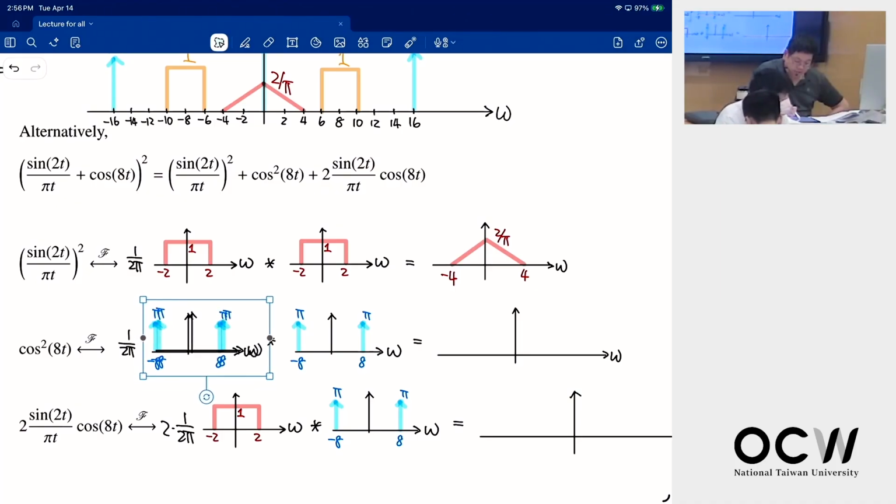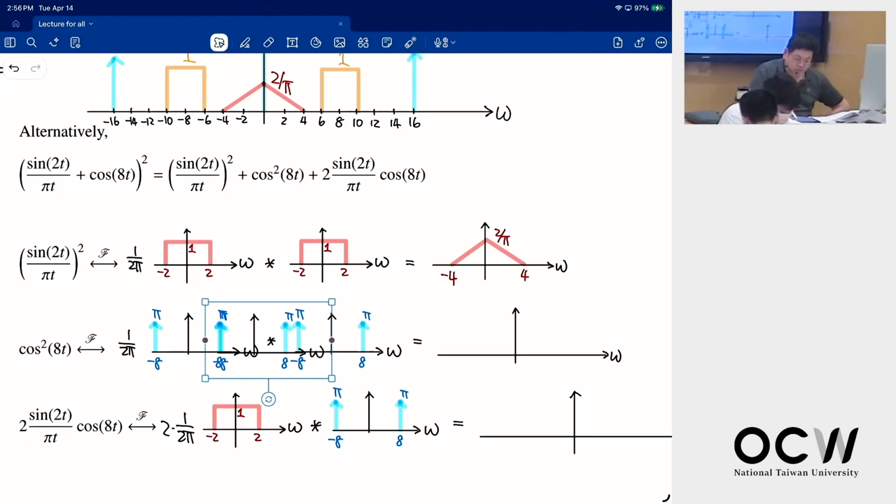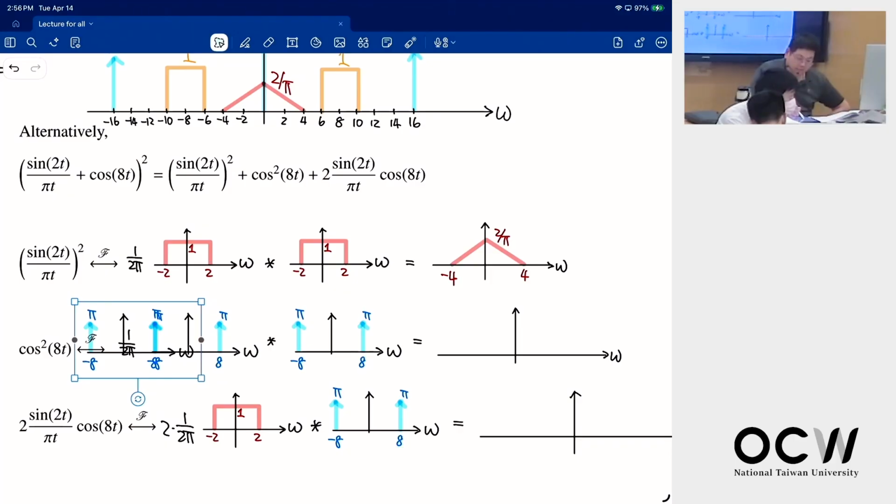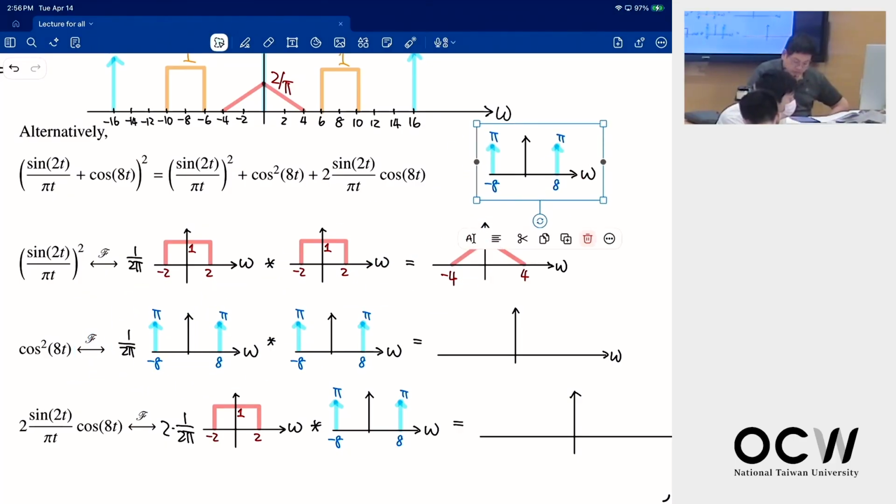And I shift. When 16, now I match. I have 2 pi squared. I also shift to -16, I have pi squared. Okay, and then later on you divide by 2 pi.